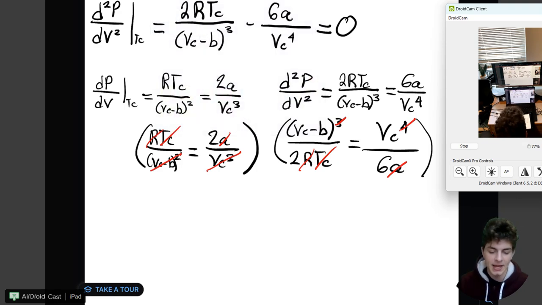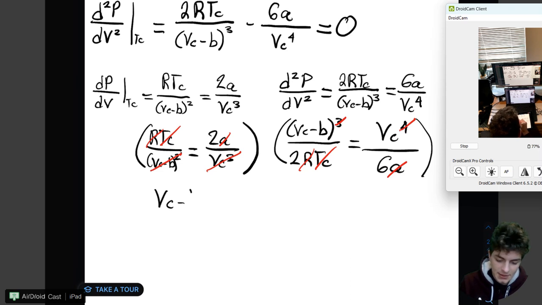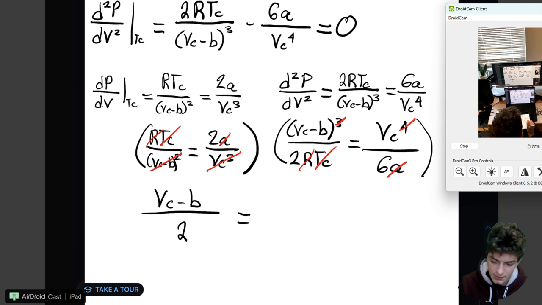So when I rewrite that, after all of the cancellations, we should have something that looks like VC minus B over 2 here. It's going to be equal to VC over 3.